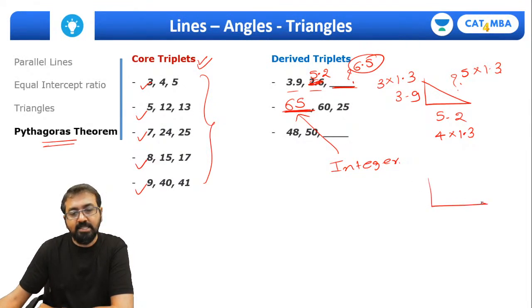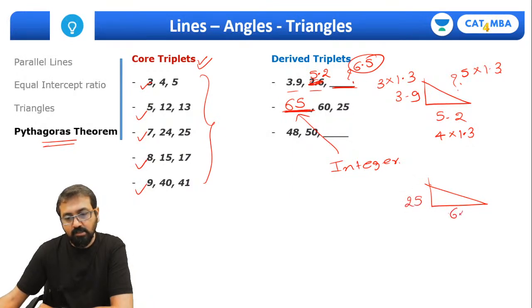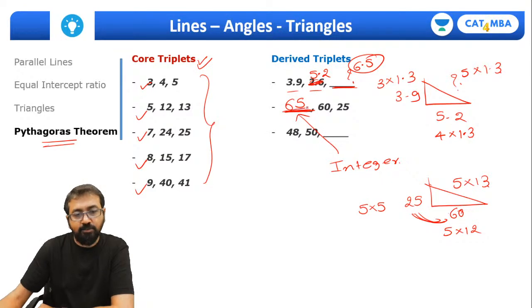Why? Please understand, this is 60, this is 25, this is 60. Find out the common factor in both. What is the HCF of these two numbers? 5. So this is 5 into 5, this is 5 into 12, so this has to be 5 into 13. That's how you get 65.